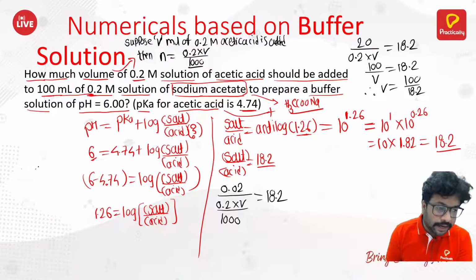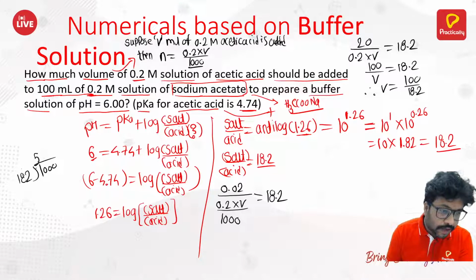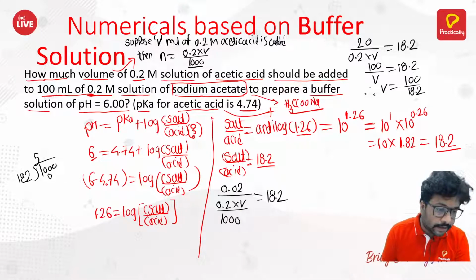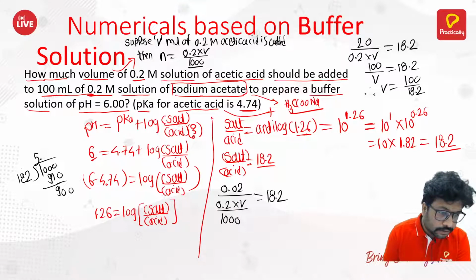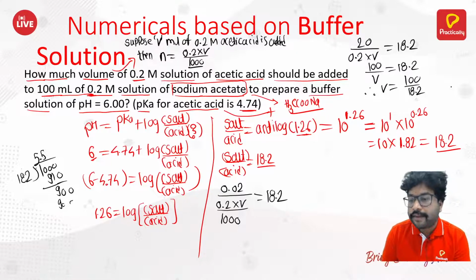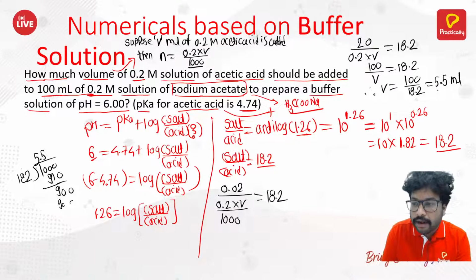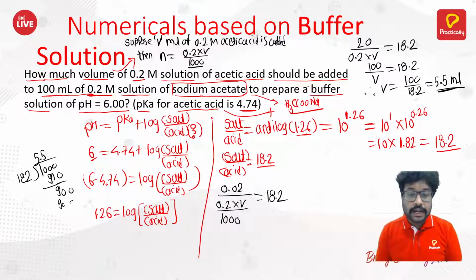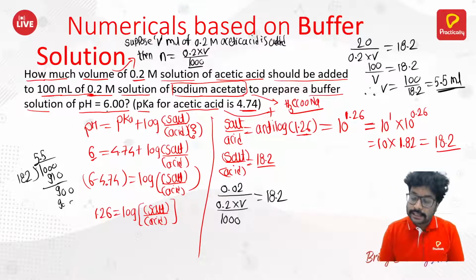That is 1000 divided by 182, which is around 5.5. So V is equal to 5.5 ml. So 5.5 ml of 0.2 molar acetic acid should be added to prepare a buffer solution of pH 6.